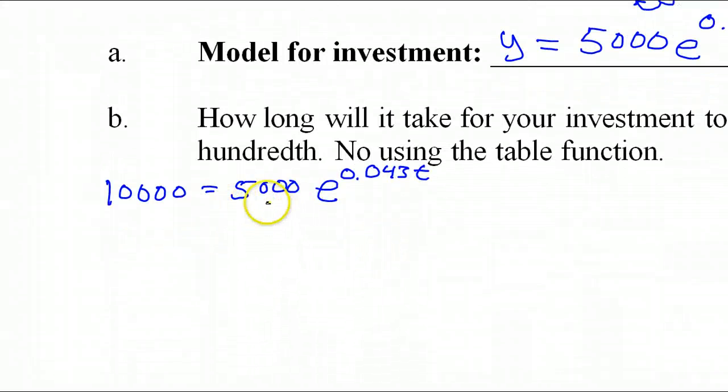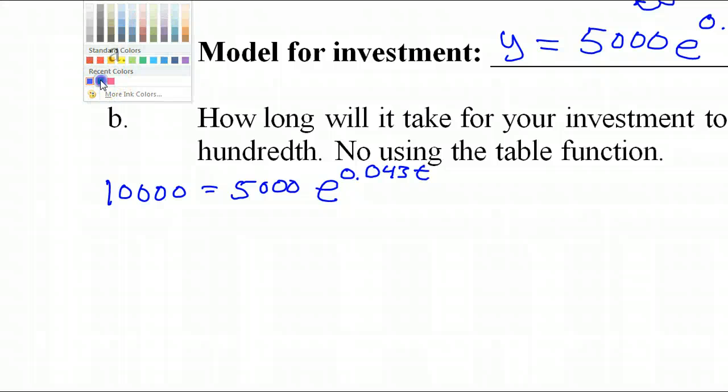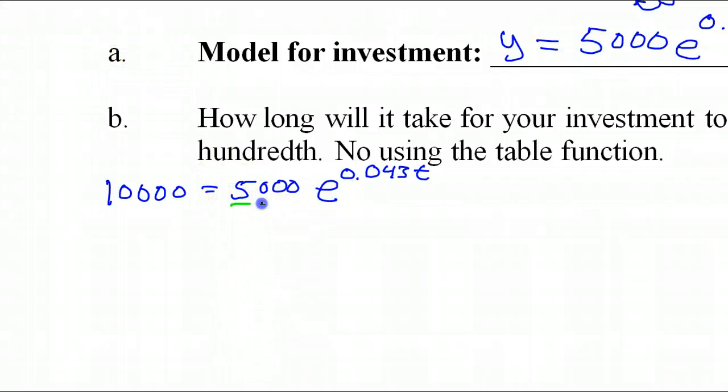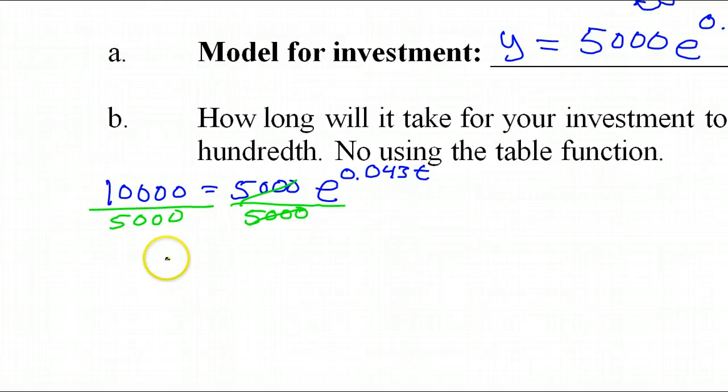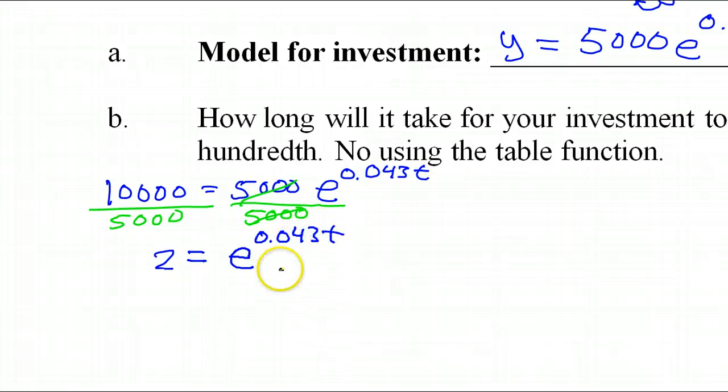So we need to divide by 5,000. We doubled, so this is going to be 2. So 2 equals e to the 0.043t power. I can't divide by e.